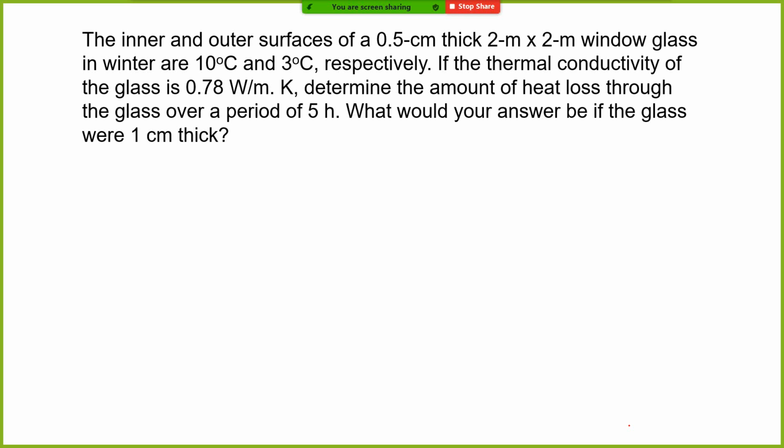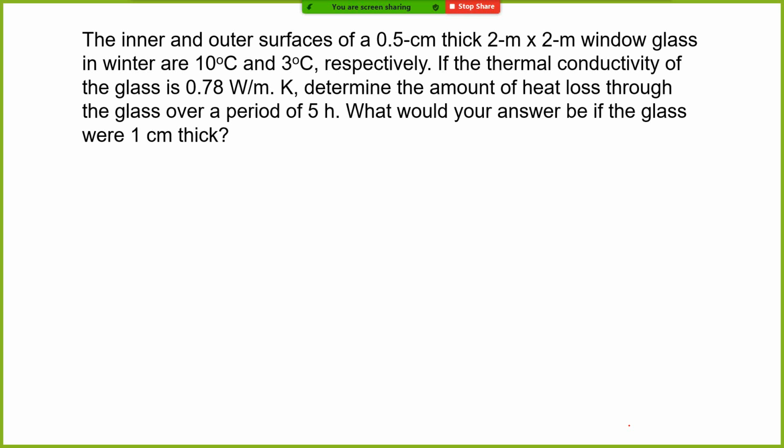It says that the inner and outer surface of a 0.5 centimeters thick, 2 meter by 2 meter window glass in winter are 10 degrees Celsius and 3 degrees Celsius respectively. Now it says that if the thermal conductivity of glass is 0.78 watts per meter, right?